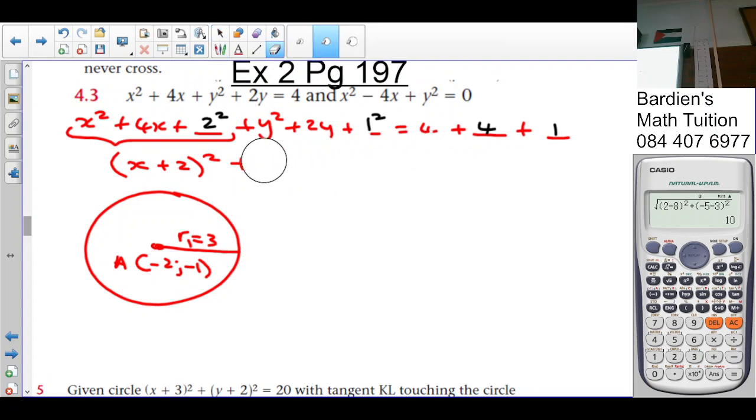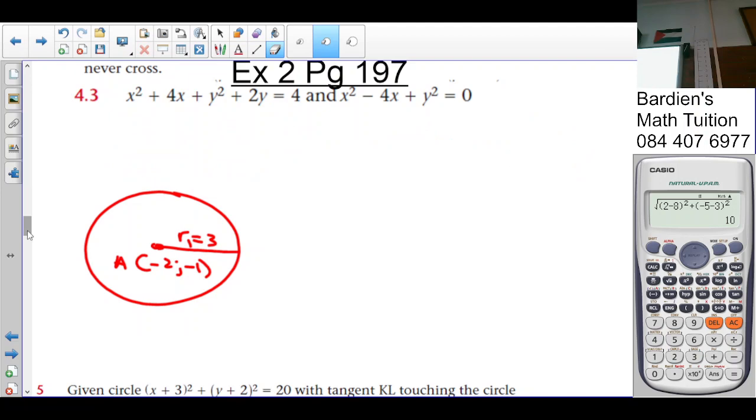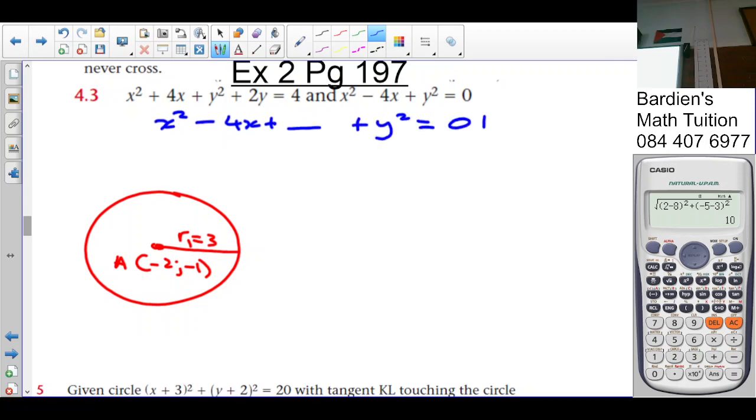So you're going to get x squared minus 4x plus a number plus y squared is equal to. So what's going to be the first number that we're going to add here?